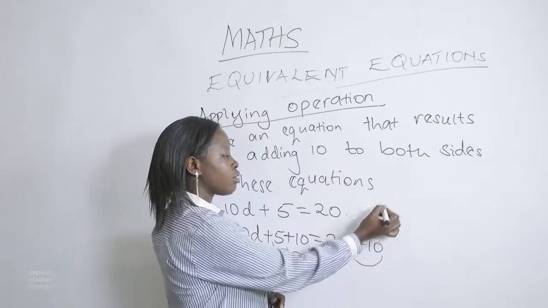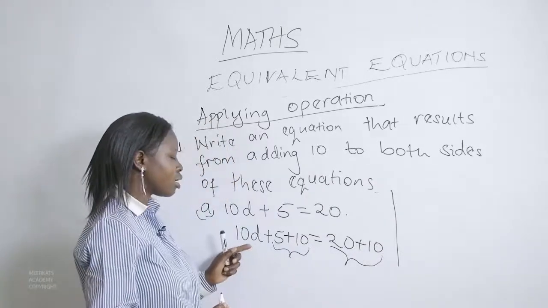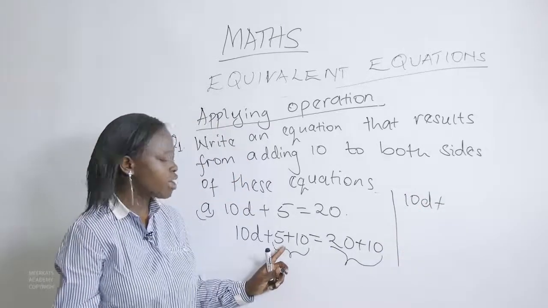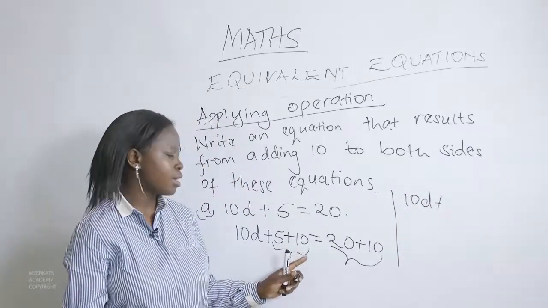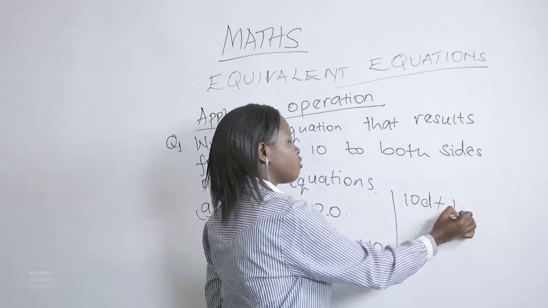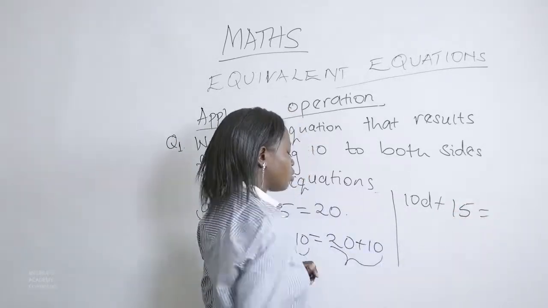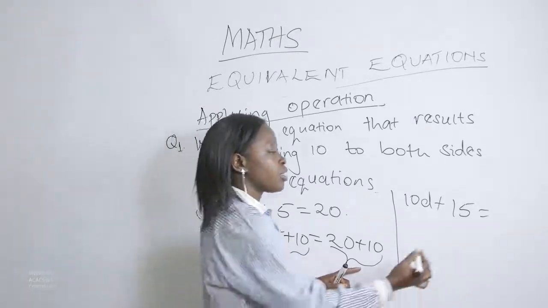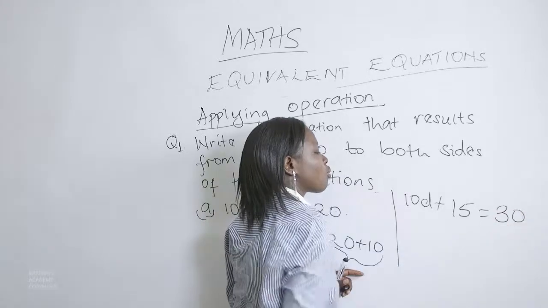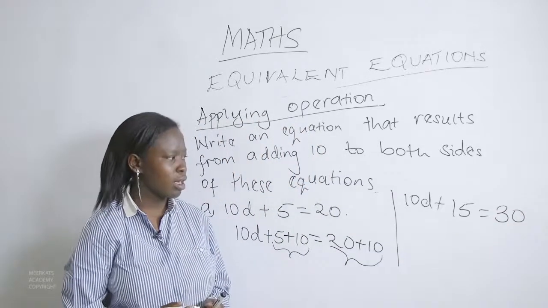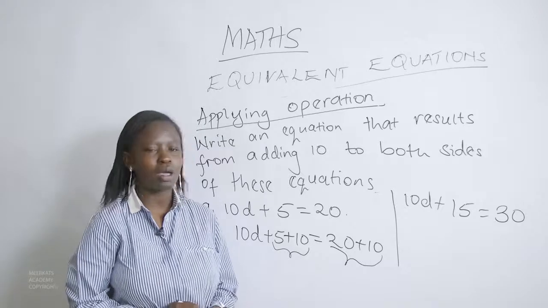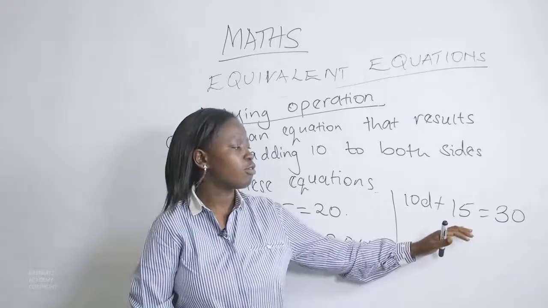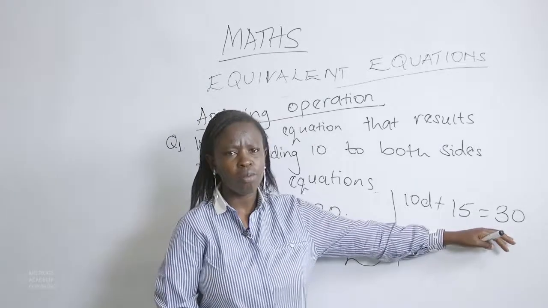So we simplify our equation so that we have 10d plus 5 plus 10 gives us 15, which will be equal to 20 plus 10, which is 30. So when we add 10 on both sides, the equation that we come up with is 10d plus 15 is equal to 30.